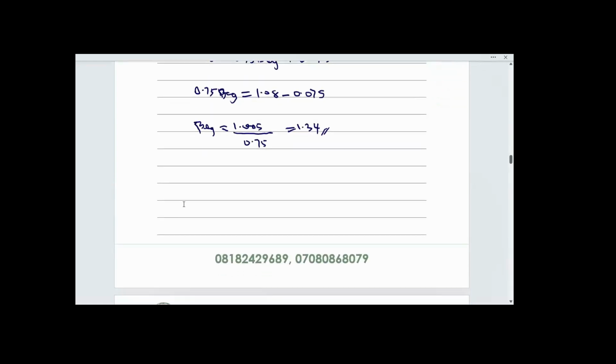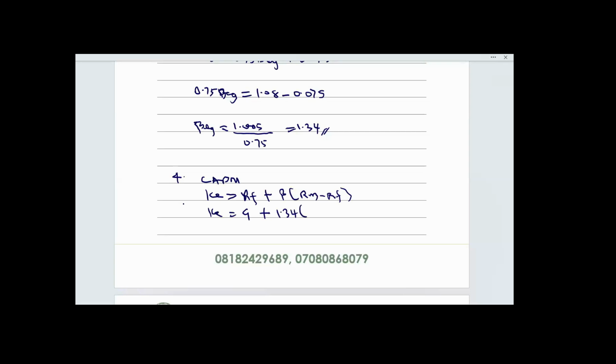After this, we then calculate cost of equity. Step 4, we calculate Ke, which is cost of equity, using the same formula. There's no need for you to repeat the formula again. The risk-free rate of return is 9%. Beta in step 3, times market return minus the risk-free rate. So Ke is 9% plus beta of 1.34.